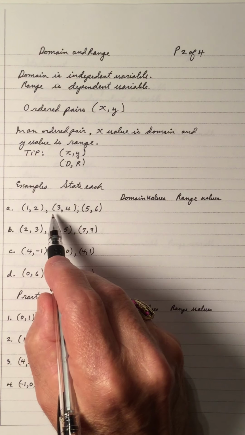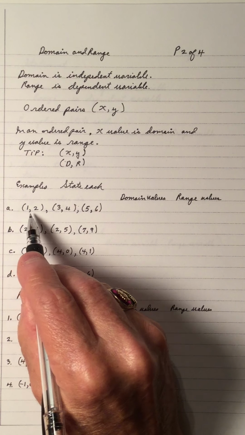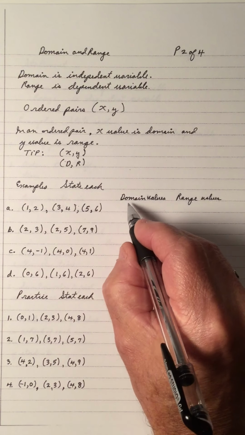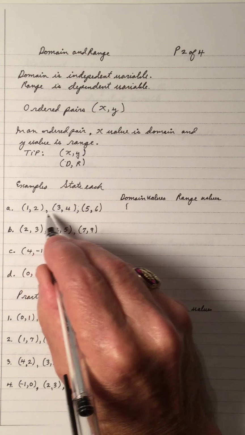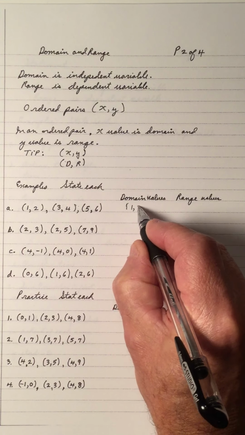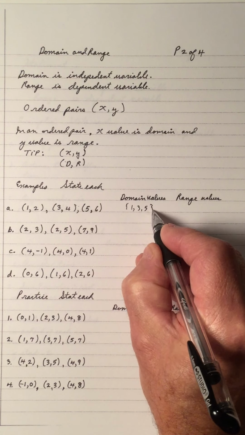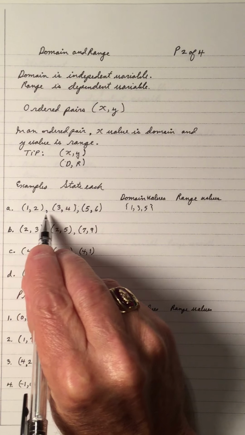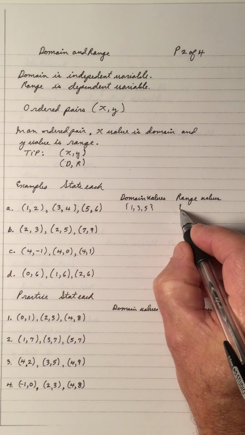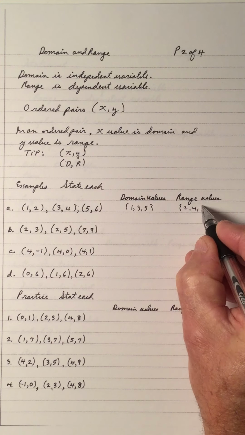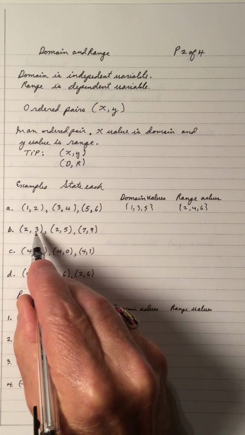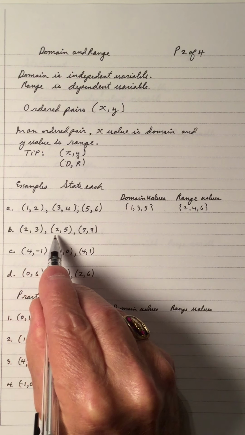Let's do some examples. We have the ordered pairs here. Domain is the X values of 1, 3, and 5. The range is the Y values of 2, 4, and 6. Domain is the X values, 2, 2, and 7.